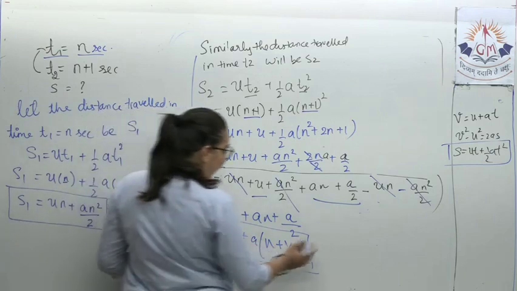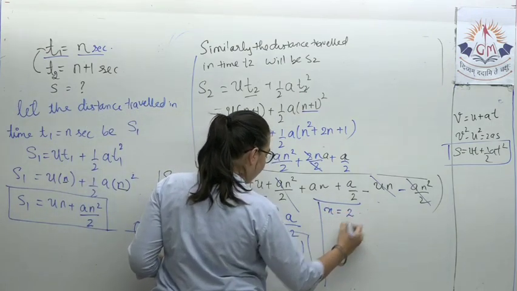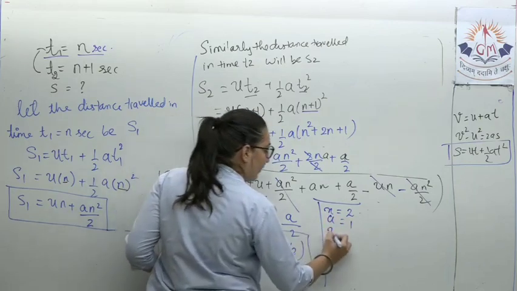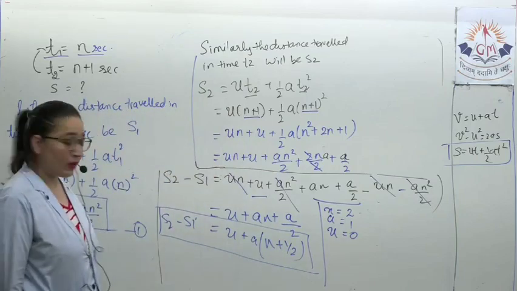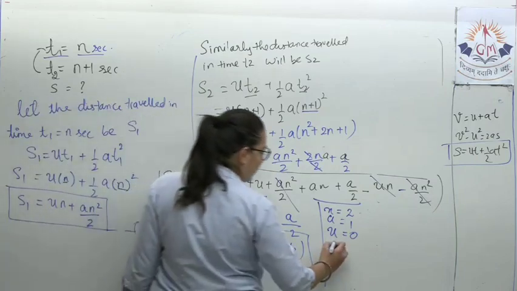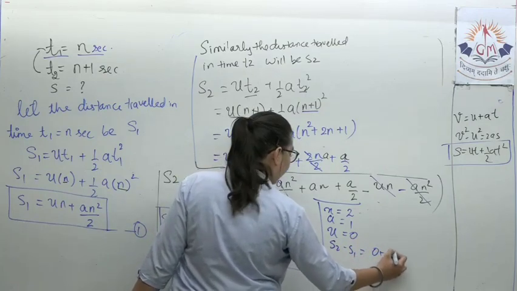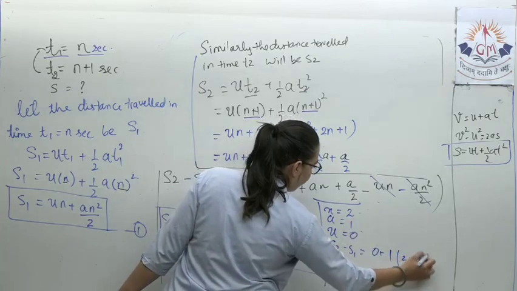Here only if n is given to you as, suppose 2 seconds and 3rd second, acceleration is, imagine 1. If the initial velocity of the object is 0, can you calculate the distance it has travelled? It will be very easy for you. The s2 minus s1 is equal to, take u as 0 plus a is 1, n is 2 plus half.